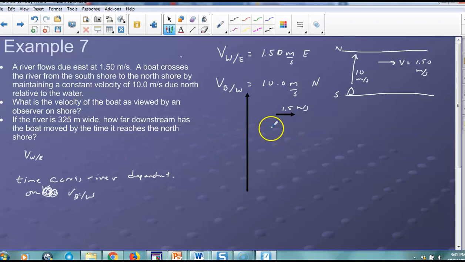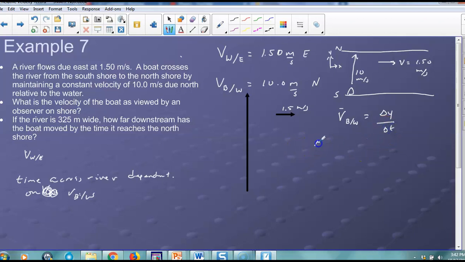Okay, so let's solve first. We're assuming that all the velocities are constant, as it says in the problem. So our time, we know that v, average velocity of boat to water, equals delta y, because we're looking at this direction being y, this direction being x. Our change in y, or y displacement, divided by delta t.